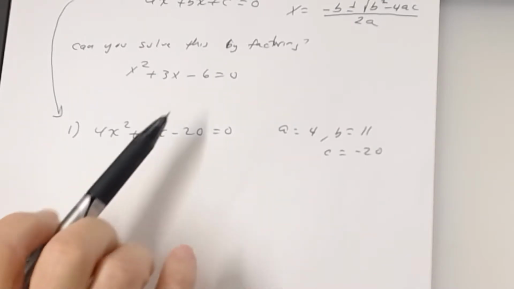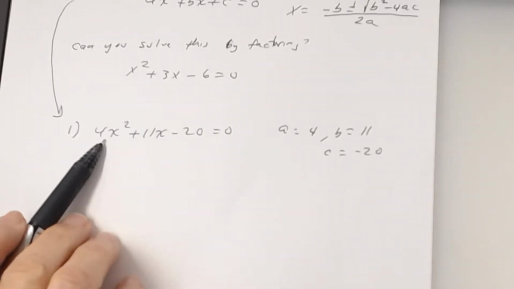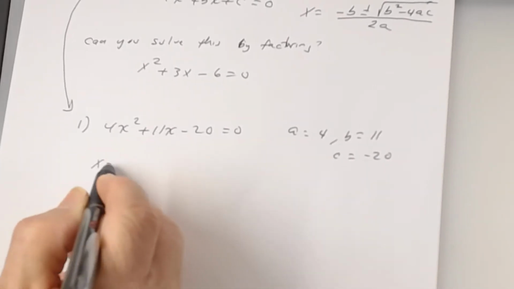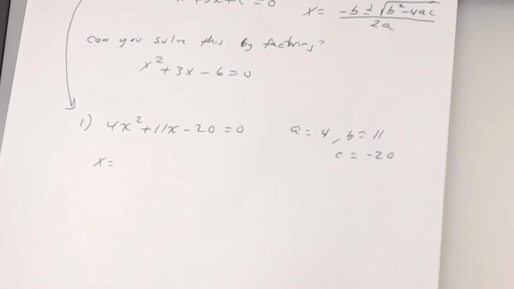And then all you do now is just plug into your formula. So that's right, plug and chug. You have your variable x, and how many solutions do you think you're going to have? 3. No, not 3. 2. Where do you get 3 from? If you remember when we factored the previous problems, how many solutions were there? 2.